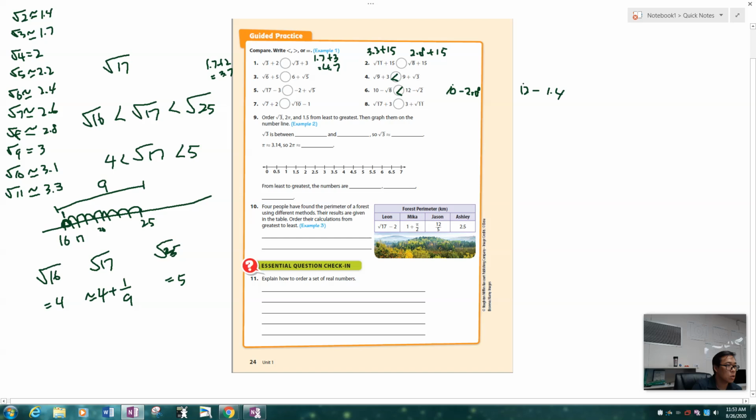It has 1 unit out of the entire distance, which is 9. Hey, we know something about 1 over 9. 1 over 9 is 0.1111 forever. So square root of 17 is probably approximately equal to 4.1111.